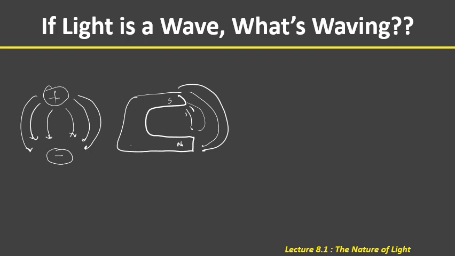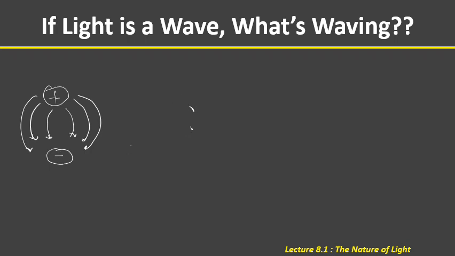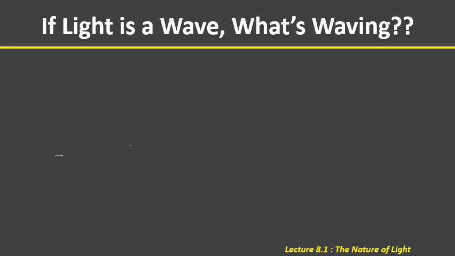I'll let you learn more about the ins and outs of fields when you take physics, but basically that's what we're talking about. And light is just an electrical field. Well, we'll start with that.